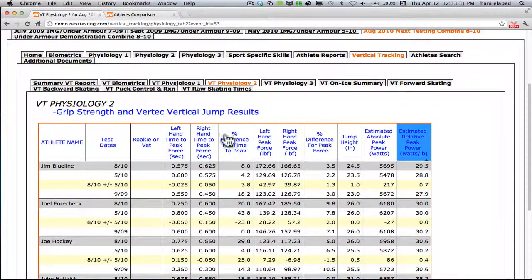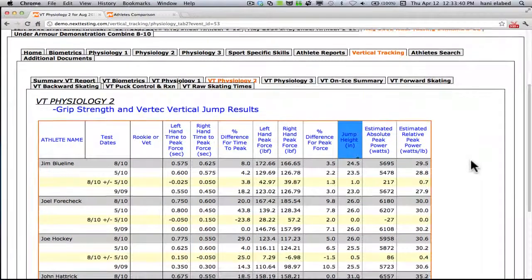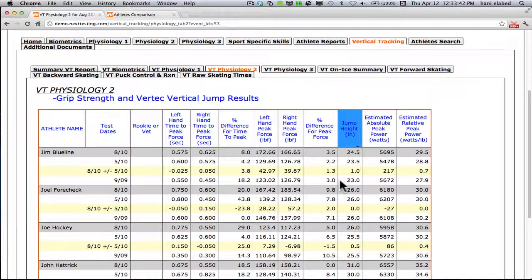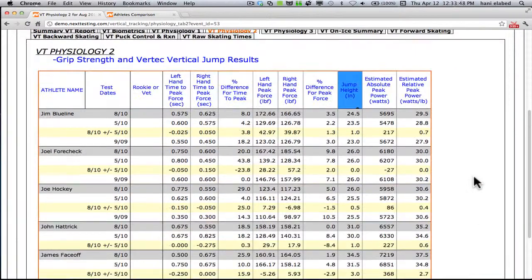And you can look at other measures, of course, and you can sort anything you want. So let's sort by the height in inches of the vertical jump, and we can see Jim went from 23 to 23 and a half to 24 and a half. Other athletes, Joel pretty much stays the same.